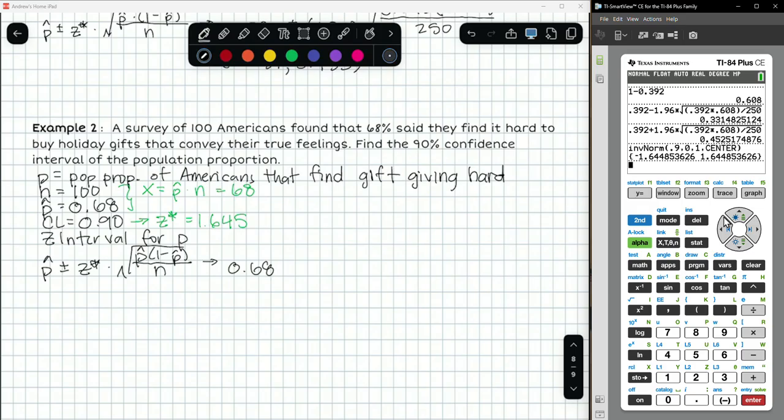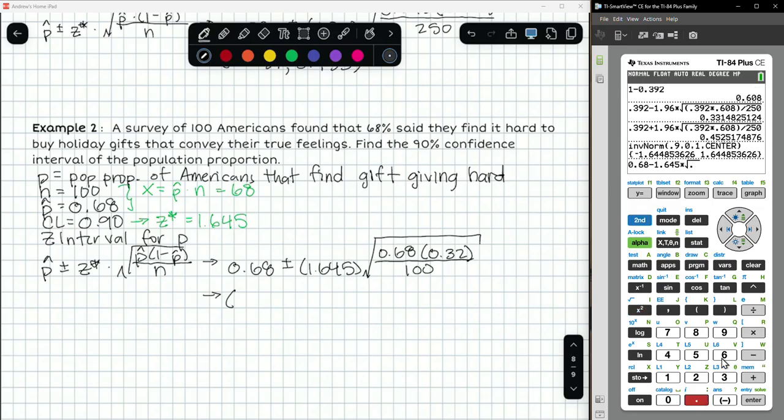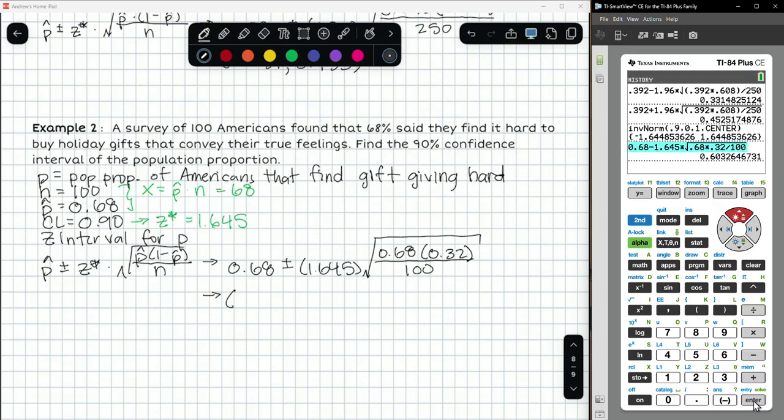So 0.68 plus or minus 1.645 times the square root of 0.68 times 0.32 all over a sample size of 100. So we get 0.603 to 0.757.